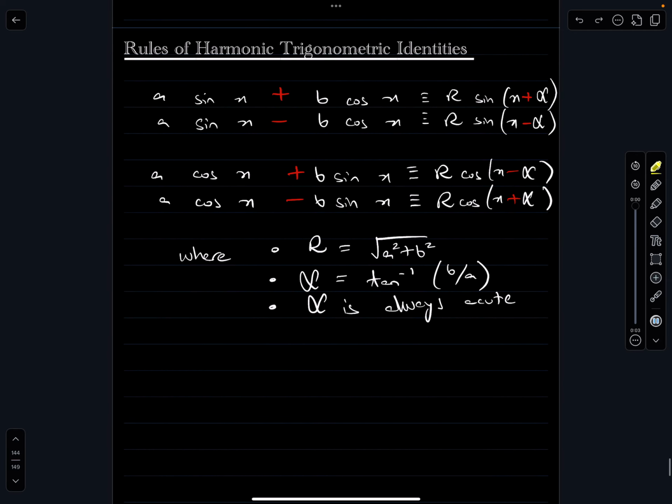These are the rules of harmonic trigonometric identities. We have two rules for sine and two rules for cos. In case of sine, plus goes with plus and minus goes with minus. Then for cos, instead plus goes with a minus, and minus goes with a plus.